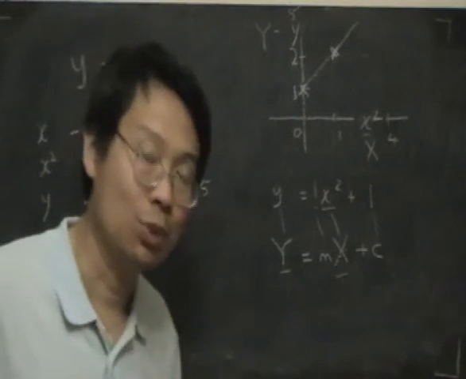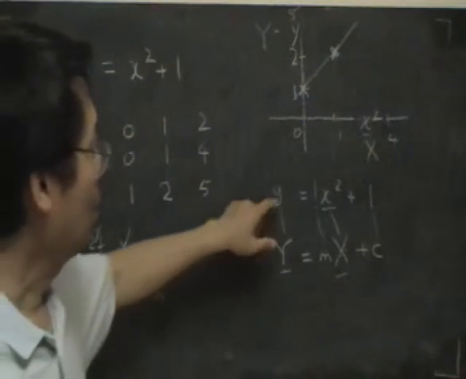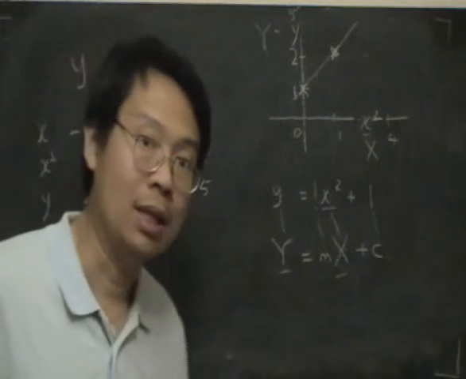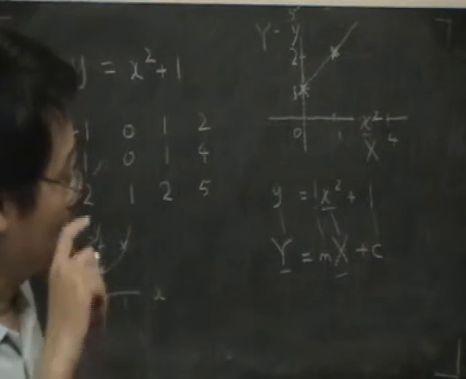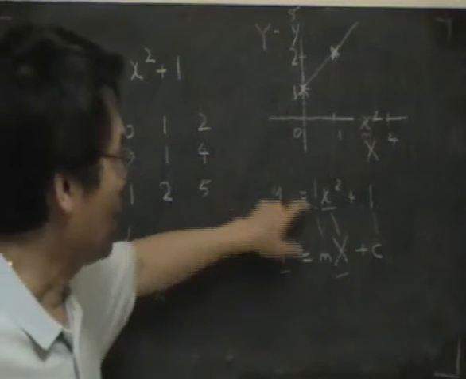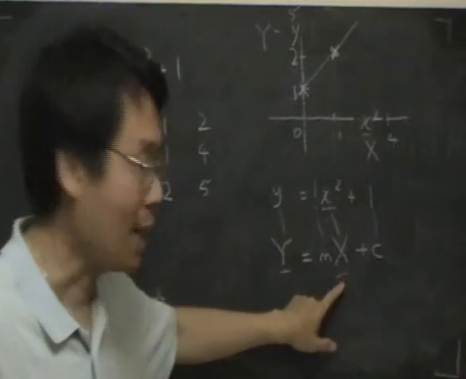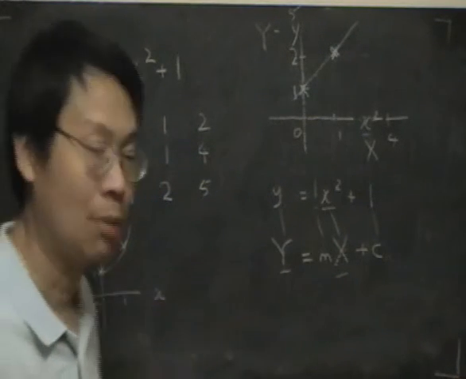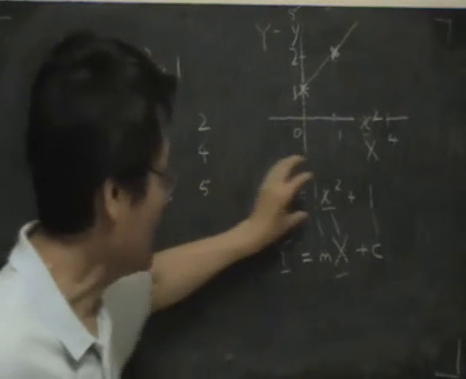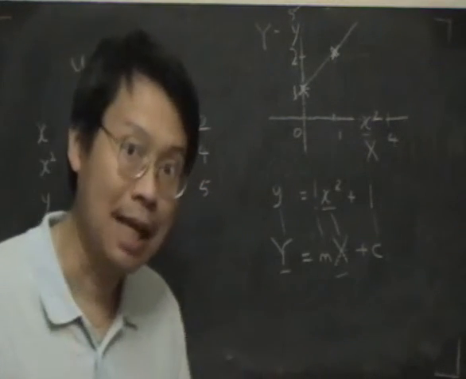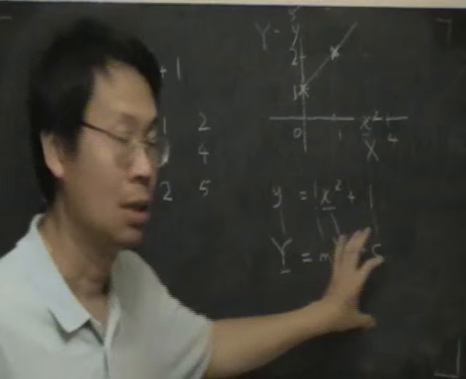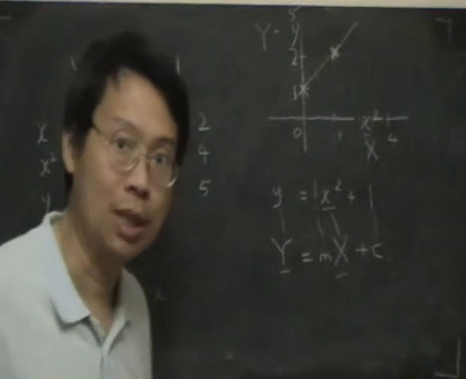So that is the reason. The reason why plotting y against x squared gives a straight line is because when I let x squared be capital X and y be capital Y, then this equation has the same form as the equation of a straight line.